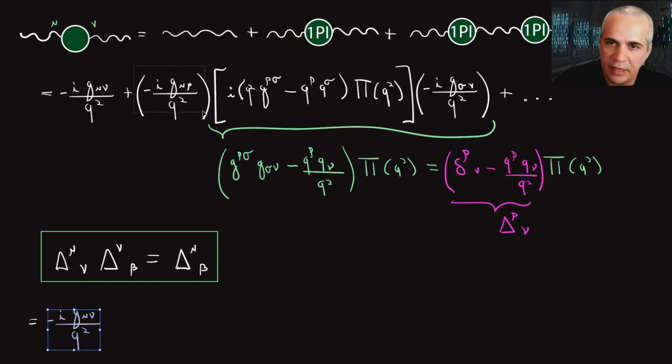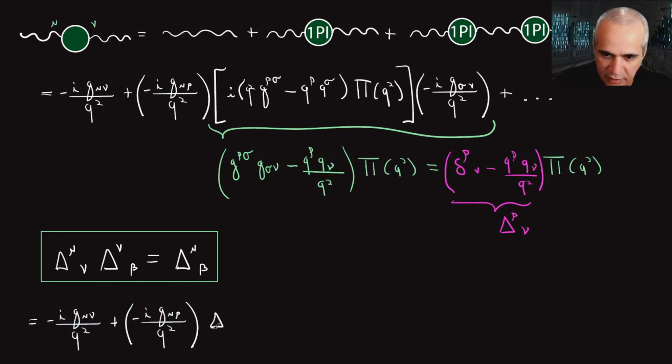Then this guy times delta rho nu of pi q squared minus, again, this guy just repeats, i g mu rho over q squared.